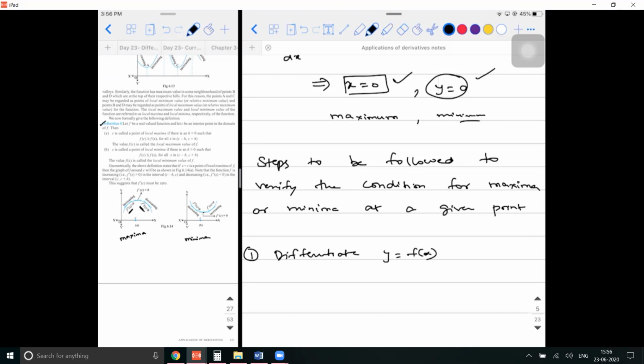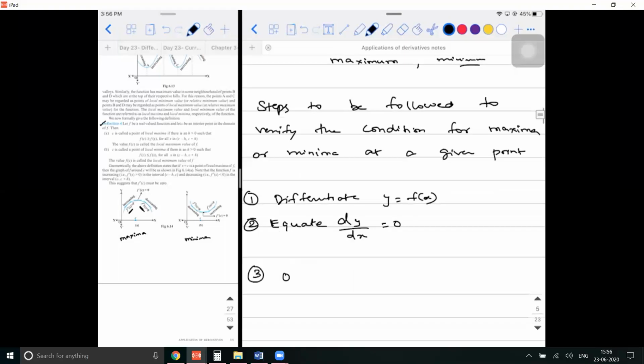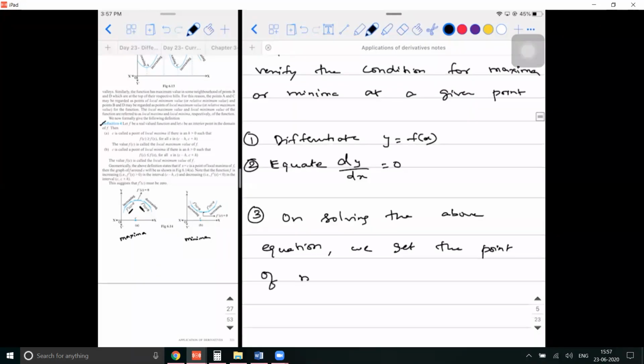After you differentiate, what do you get? Equate dy by dx to 0. On solving the above equation, I hope you people are making note of it, we get the point of maxima or minimum.